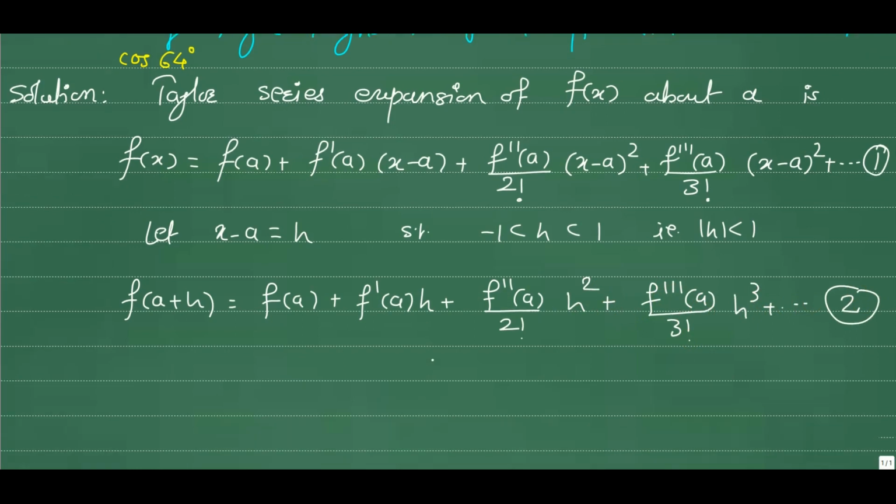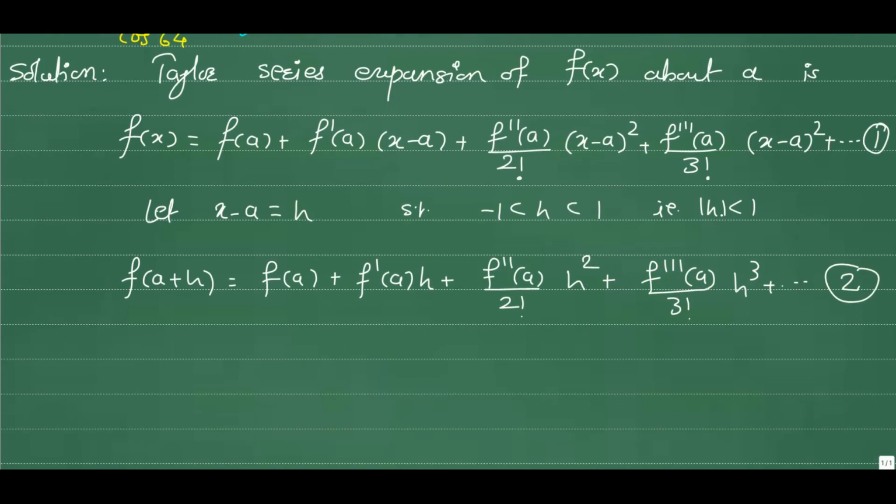Now you can see here, if mod of h is less than 1, as we go on increasing these terms, the powers of h are increasing, and because mod of h is less than 1, these terms will tend to 0 as the power of h tends to infinity. So after a few terms, the next terms are negligible.